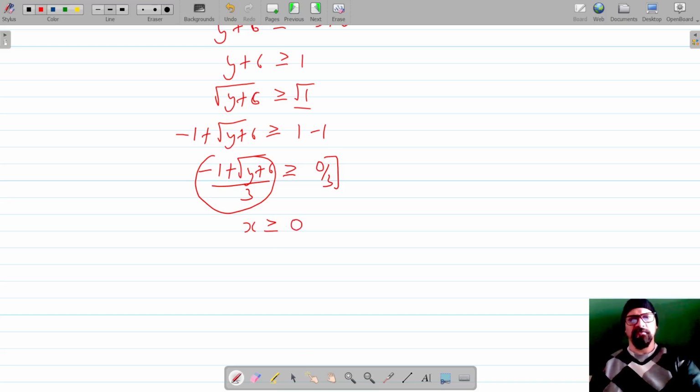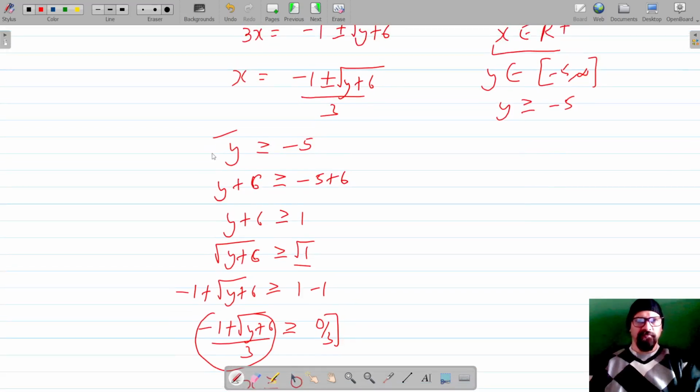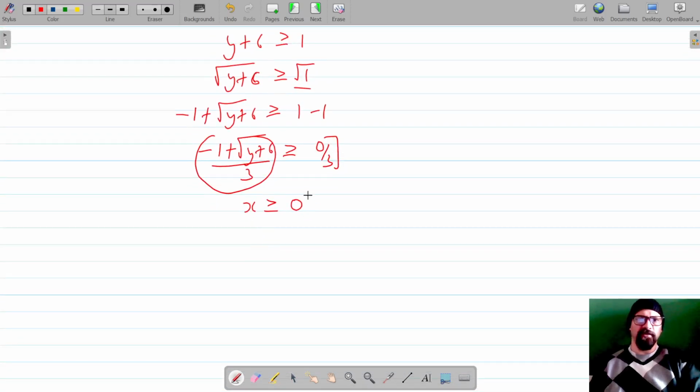So that means for every y that was greater than equal to minus 5, we have x which is greater than equal to 0, and this x being greater than equal to 0 means that it belongs to all non-negative real numbers.